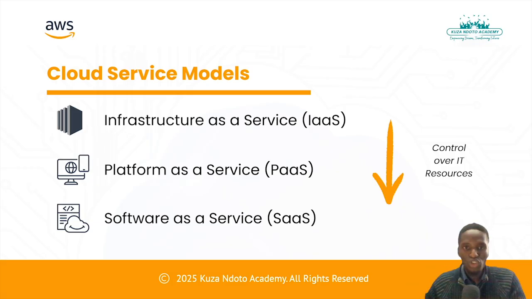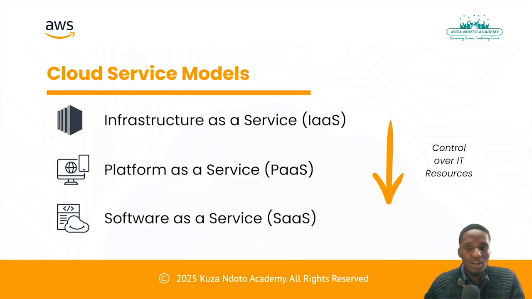Cloud services are offered in three models, and the difference between them comes down to how much control you want, right? Versus how much convenience you prefer. First, we have infrastructure as a service. This is the most flexible option. You get virtual machines, storage, networking, basically any IT resource that you need, but everything else is up to you.